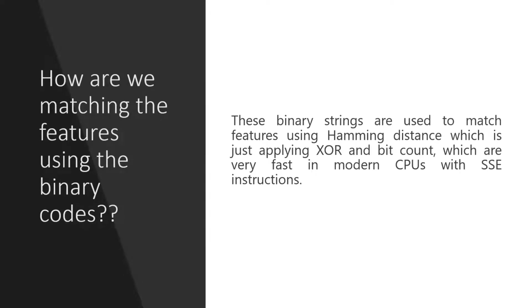These binary strings that we extracted are used to match the features by using a term called Hamming distance, which is just applying XOR for the given binary code and finding the bit count, which is very fast in modern CPUs with SSE instructions, meaning that we can find its value quite faster in our current CPUs.